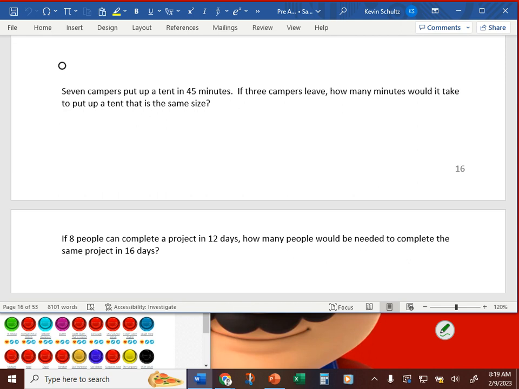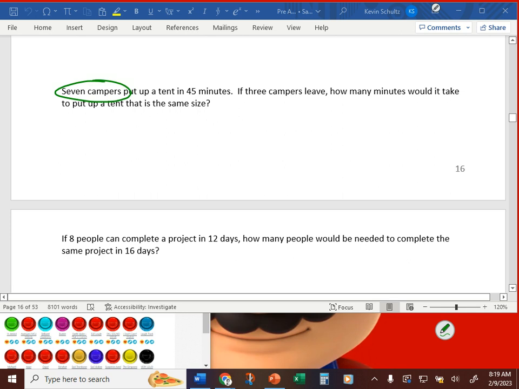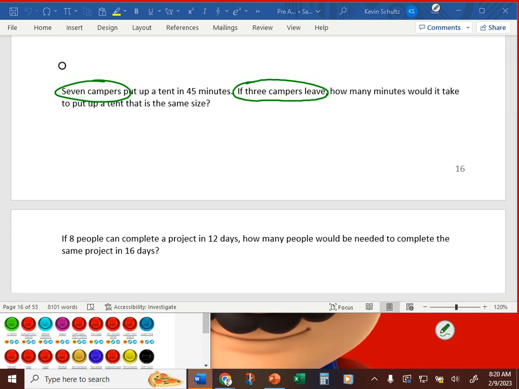Josie. So are they together though? No. So you have the 7 campers, right? 7 campers. And then it says here if 3 campers leave, which means how many campers are going to be there to put up the tent? Nolan?